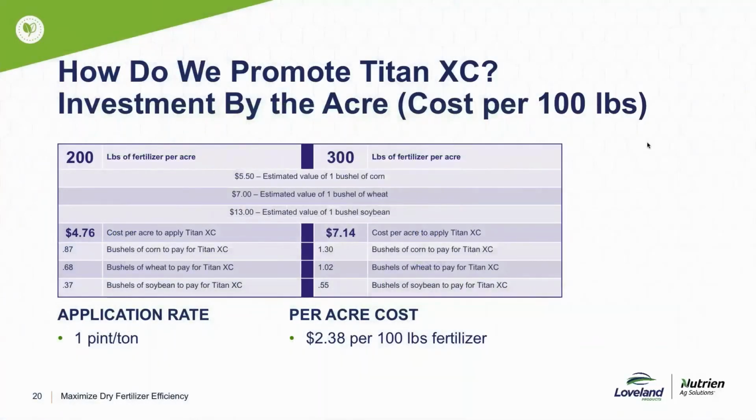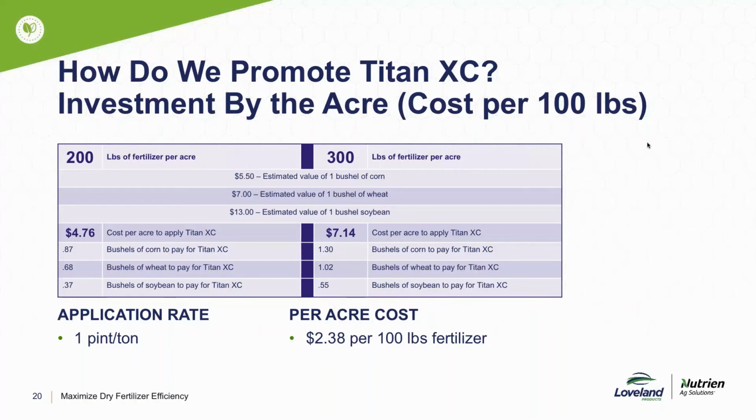One more look at it. We always try to figure out how this looks from a bushels-to-pay-for-it standpoint. So we've got a couple of fertilizer rates in here. 200 pounds per acre spread rate versus 300 pounds per acre spread rate. And if you look at the cost, again, we're assuming $2.38 per 100 pounds.